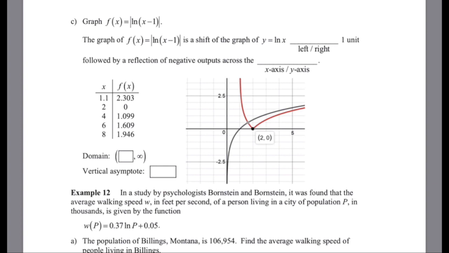Because it's negative, I know that I'm going to move right 1 unit, followed by a reflection of only the negative outputs. Because of that absolute value, those negative outputs are going to reflect back across the x-axis.